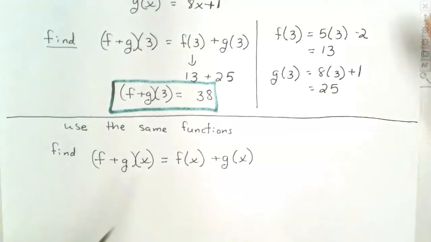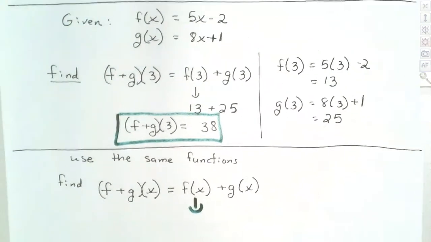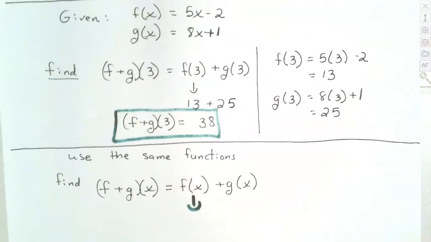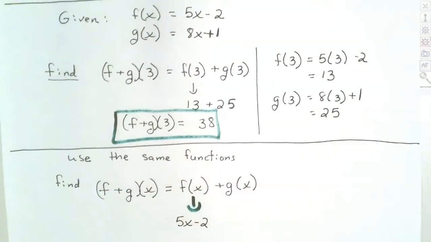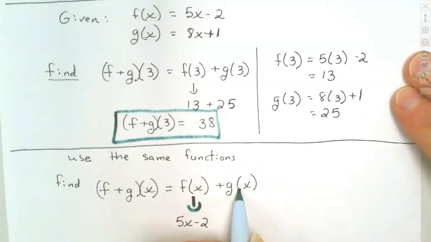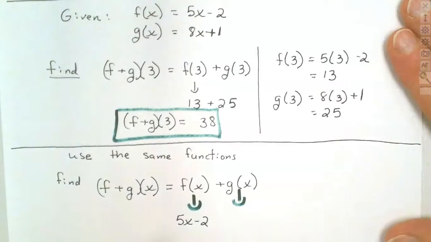So what is f of x? F of x previously was defined to be 5x minus 2. So that's going to come down as simply 5x minus 2. What about the g of x? It's simply 8x plus 1, right?